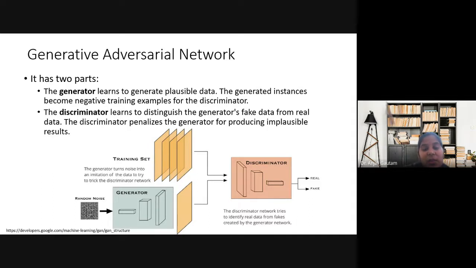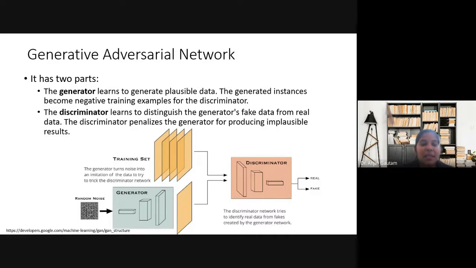So it works as a negative training example for your discriminator. And what is the aim of the discriminator? It will learn to distinguish the generator's fake data from the real data, and the discriminator penalizes the generator for producing implausible results.